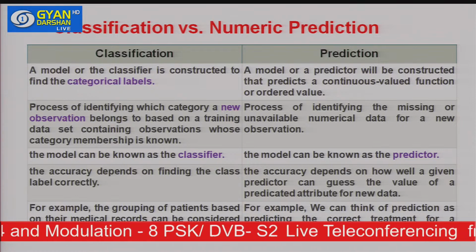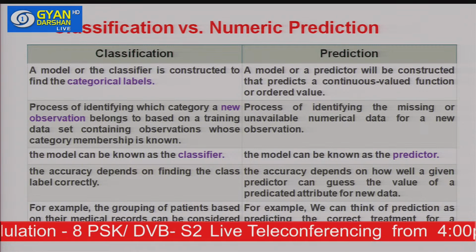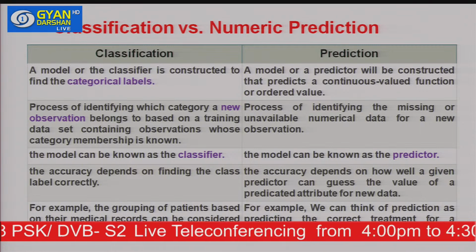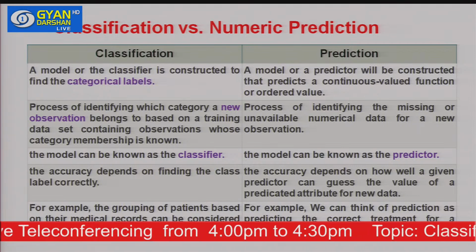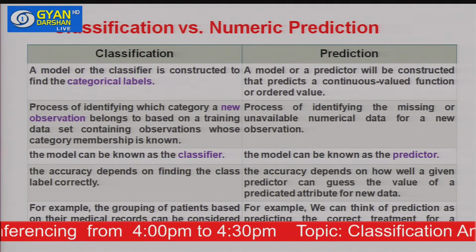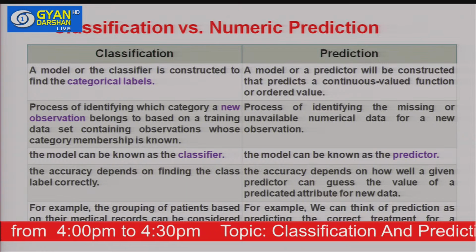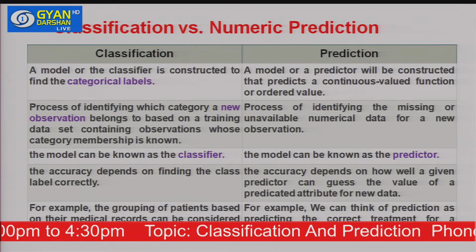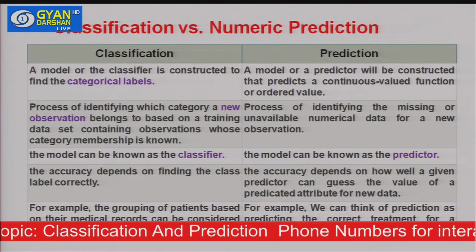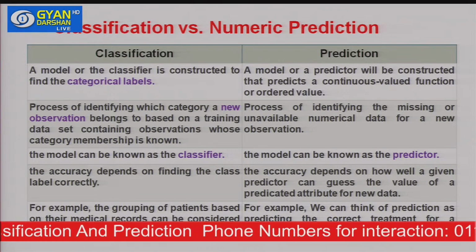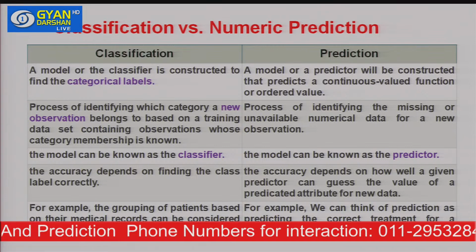Classification is the process of identifying which category a new observation belongs to, based on a training data set which contains observations whose category membership is known. That is what we have defined in case of supervised learning. So we have a training data set where the class label for each sample is known, right?